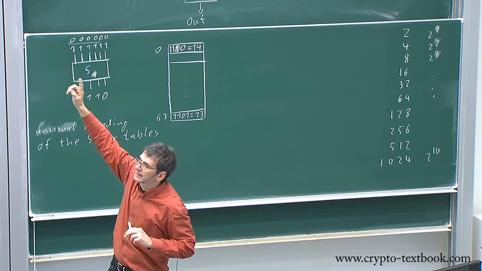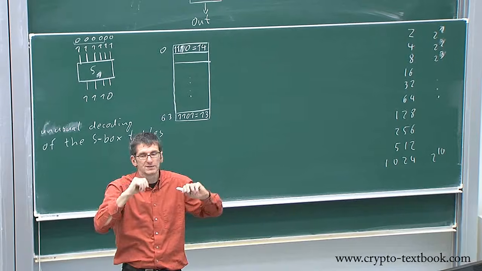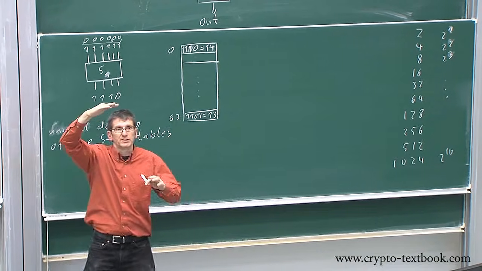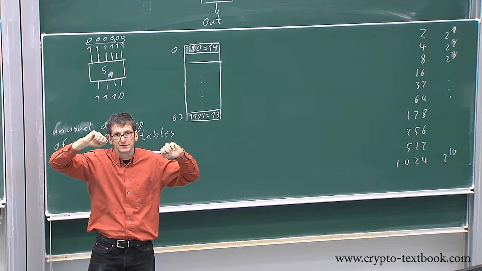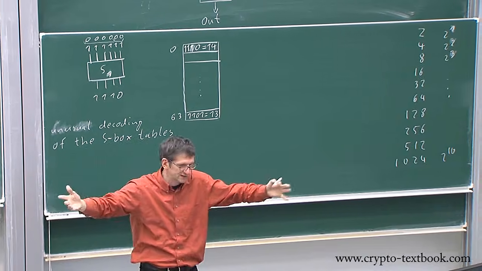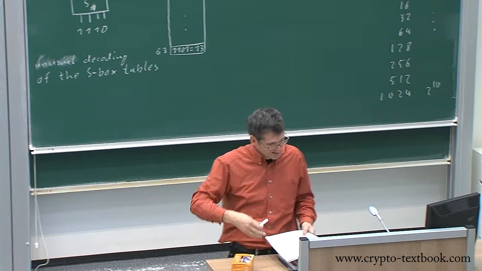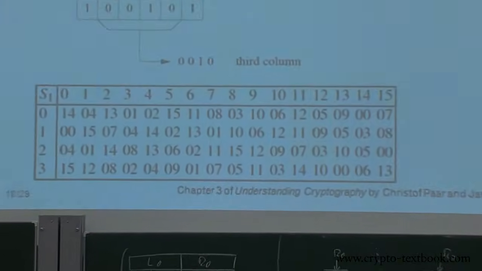There are 16 columns, so with 4 bits you can pick one of the columns. And the remaining bits pick one of the 4 rows. That's the idea. This is all DES standard, all DES literature that I've seen, and I've seen many books and internet pages and documents with DES standards. They all write it this way.